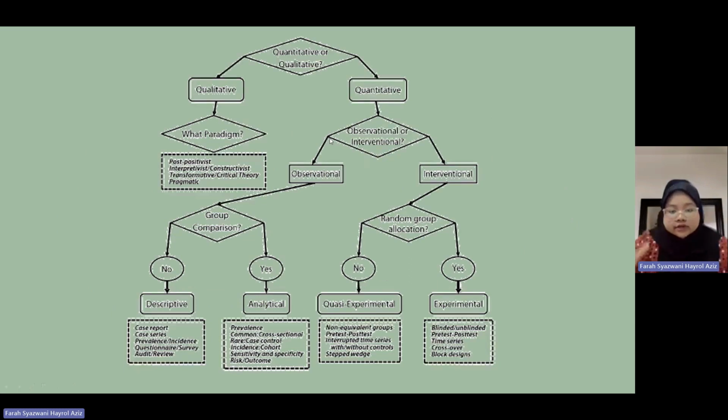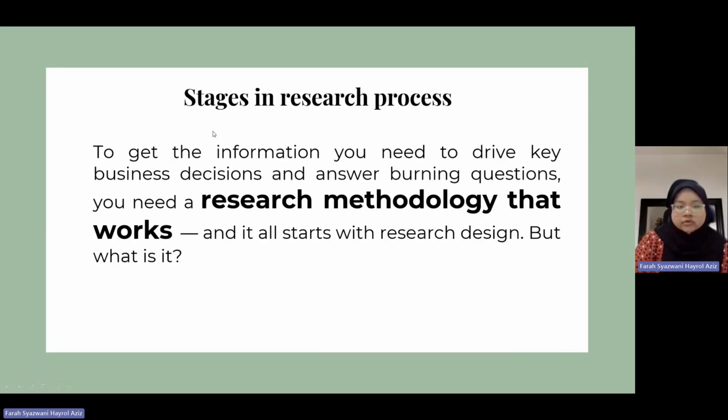All right, so this is the framework. These are the guidelines for you to choose which type of experiment, which type of descriptive analysis you would like to focus on in going through your research. All right, so the stages in the research process have already been discussed in Chapter 1.